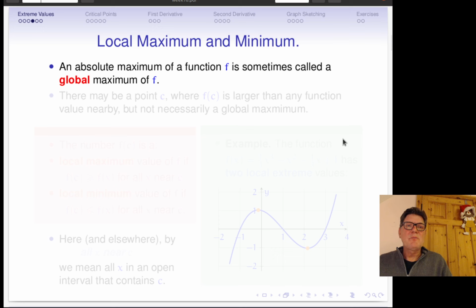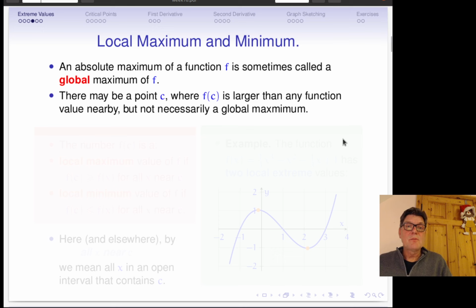Sometimes instead of absolute maximum, one talks about a global maximum. The reason for that is to distinguish it from a local maximum, which is a slightly different situation. It may be the case that the value f of c at a point c is larger than any function value nearby.